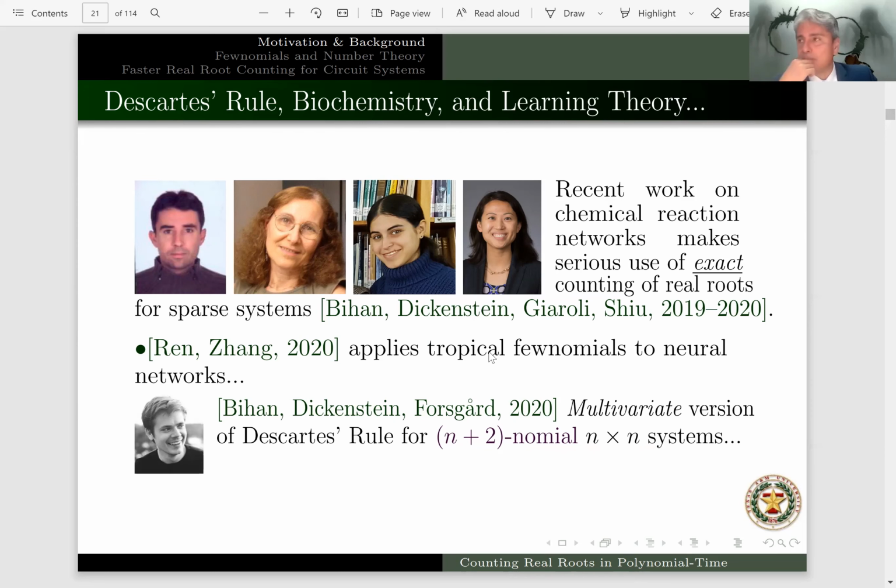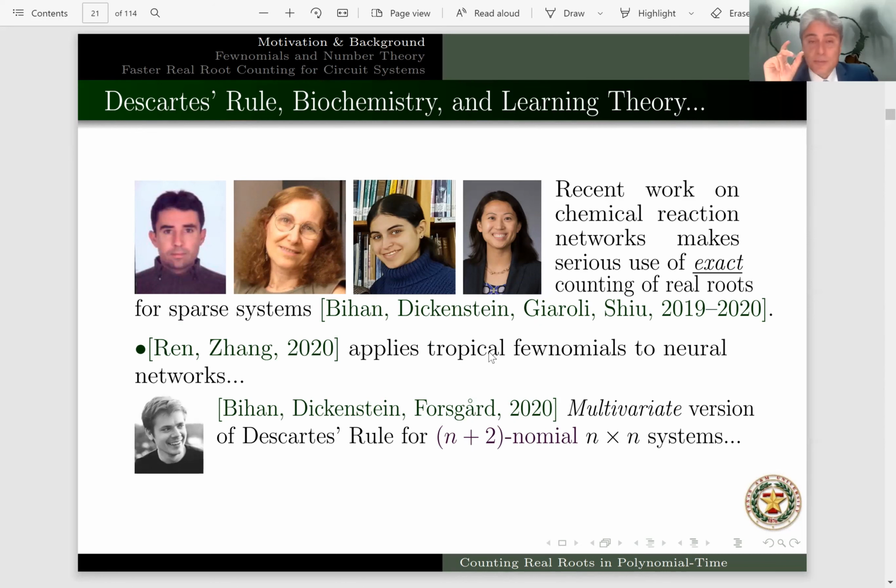So what do I mean? Well, Descartes' rule, as you know, is this basic theorem relating sign alternations in the sequence of coefficients for one polynomial, one variable, to the number of positive roots. Well, generalizing this to n equations and n unknowns is very hard and still an open problem. But Bihahn, Dickenstein, and Forsgaard made major progress, and they found such a result for a particular class of systems.